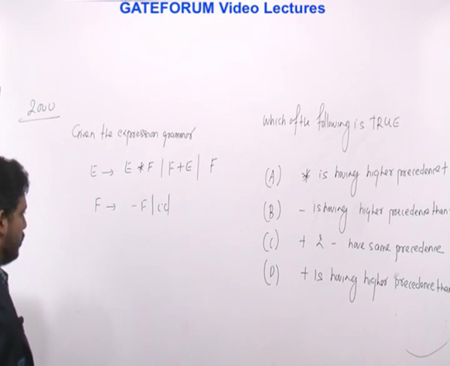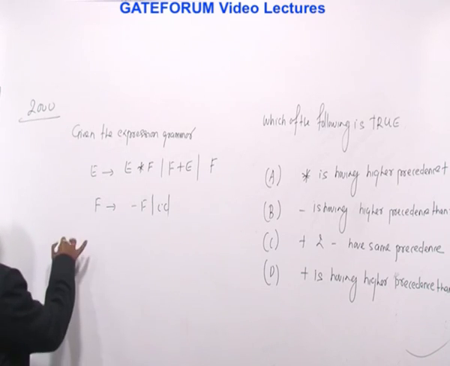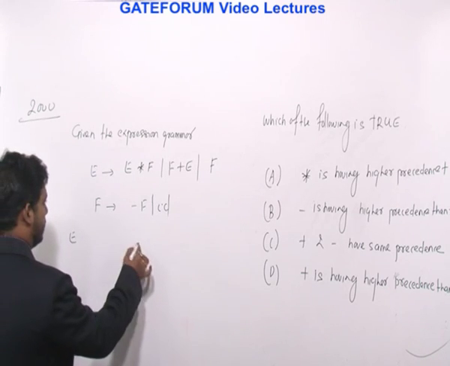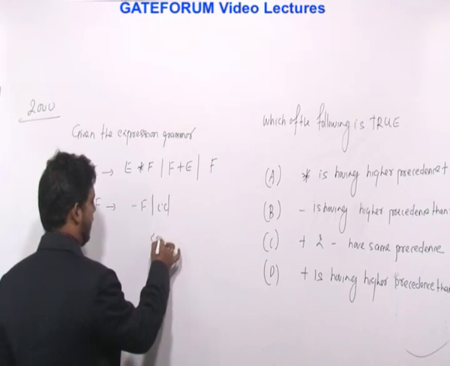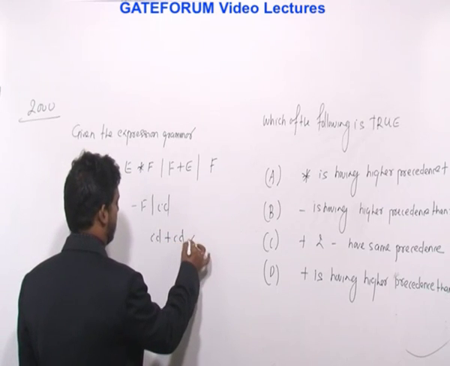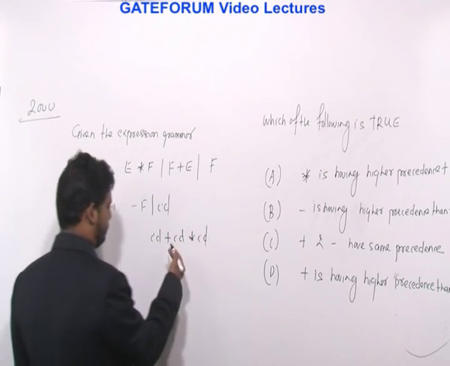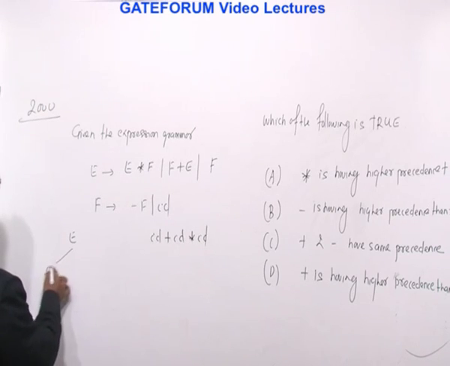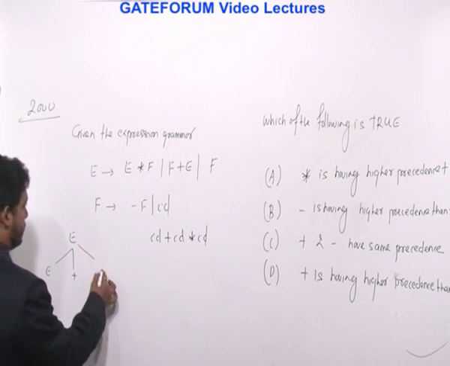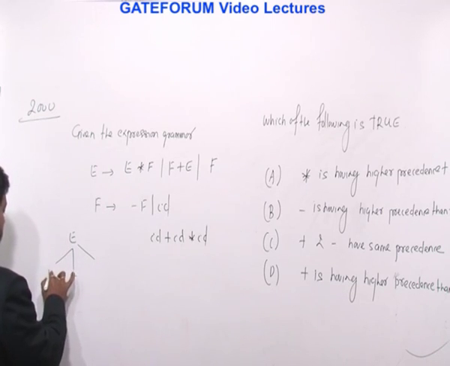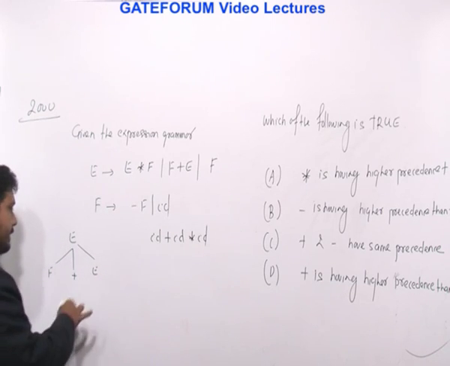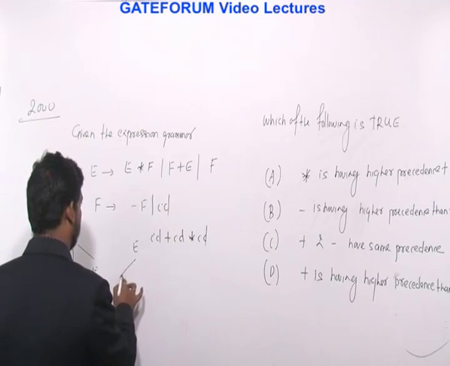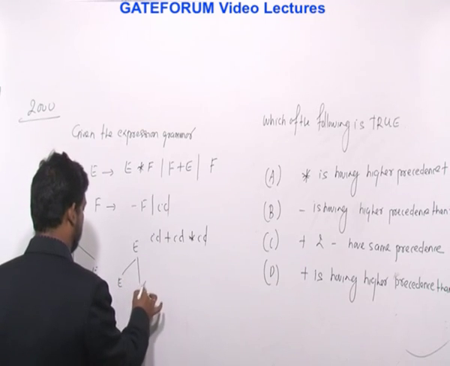If I have a string like ID plus ID star ID, another string also I can take. Now, E derives E plus F plus E, and at the same time I can also have E derives E star F.